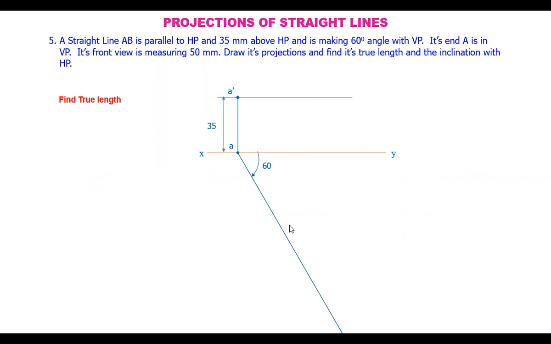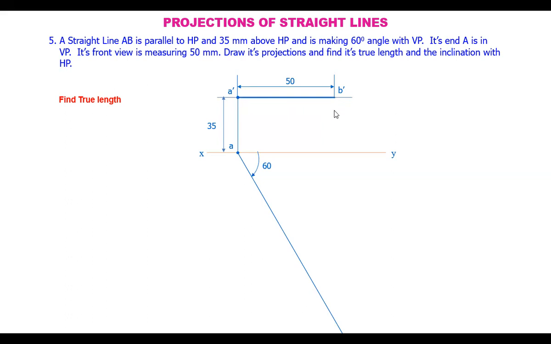And the top view is lying somewhere here. It's like this. Its top view is this. But how do we know how much? That is obtained here with the help of the front view. So let's mark this front view 50 mm distance. So this will be the B dash. Okay. A dash B dash is the front view, which is 50 mm long.